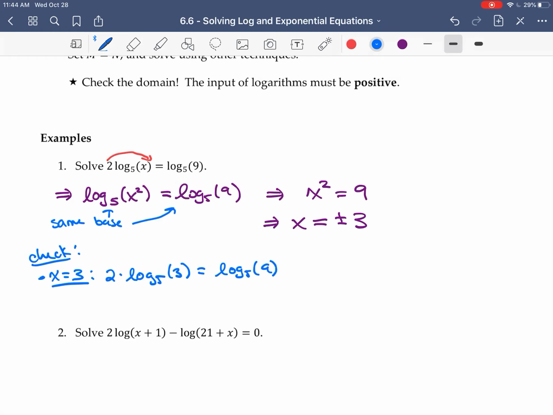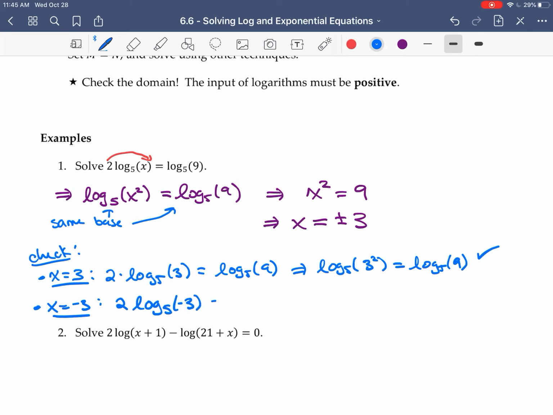That's true because I can move the 2 up, so log base 5 of 3 squared is equal to log base 5 of 9. That one works. But if I try to plug in x equals negative 3, then I have 2 times log base 5 of negative 3 equals log base 5 of 9, and log base 5 of negative 3 does not exist.